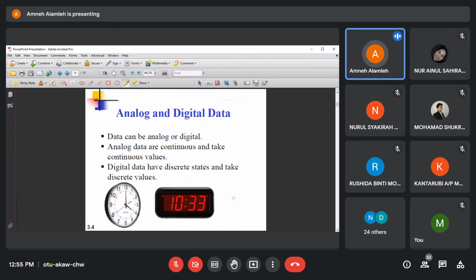As an example for continuous data, the analog clock. This clock has the hour hand, the minute hand, and the second hand.